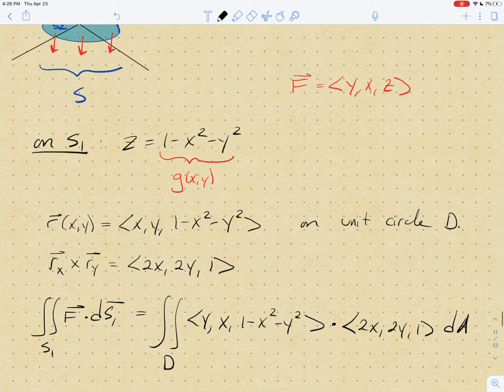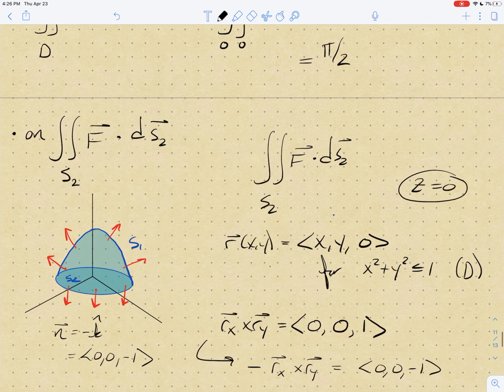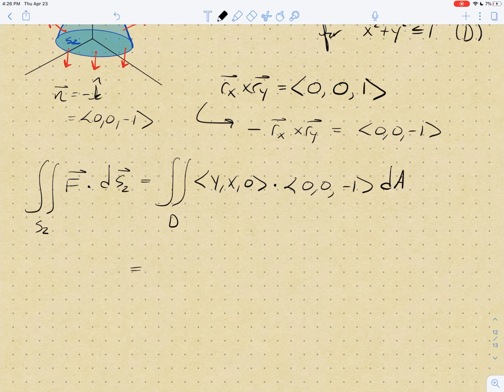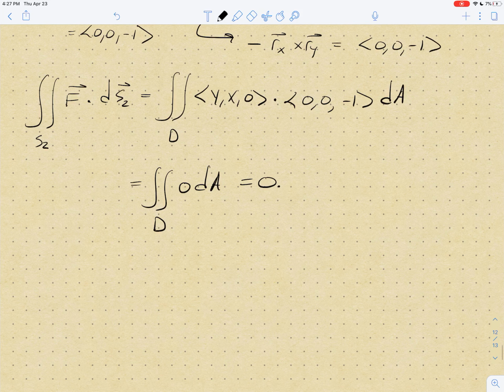F, we said, I had written it down somewhere. Yeah, f was y, x, z. So y is y, x is x, z is 0, dot with 0, 0, negative 1, and then a dA. And now I can set up the bounds if I want to, but I'm going to go ahead and compute the dot product, and I'm going to realize, oh, wow, I just get 0 dA, which is 0.